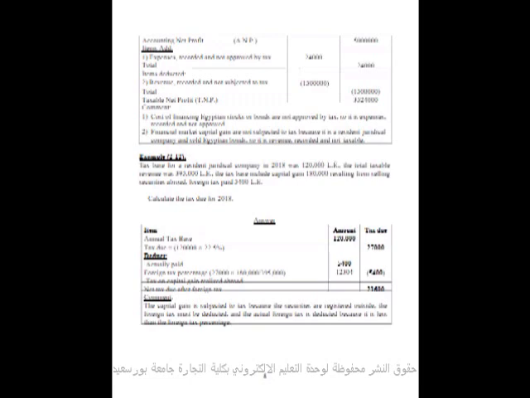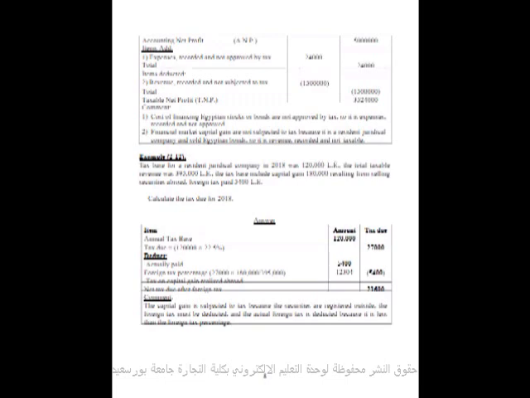How to calculate the foreign tax? I need to calculate first the foreign tax percentage. According to the rule, 27,000 divided by the total taxable revenue, multiplied by 180, the capital gain. So the foreign tax percentage is 12,304. The company actually paid 5,400.